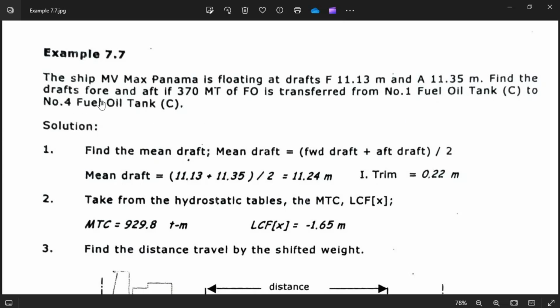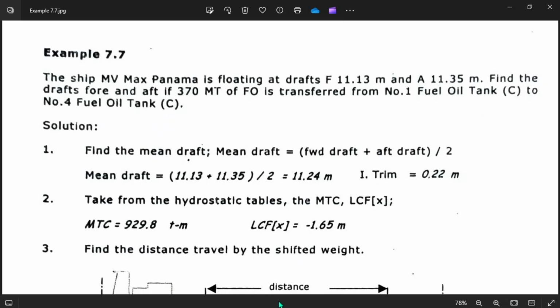Find the drop forward and aft if 370 metric tons of fuel is transferred from number one fuel tank center to number four fuel tank center.